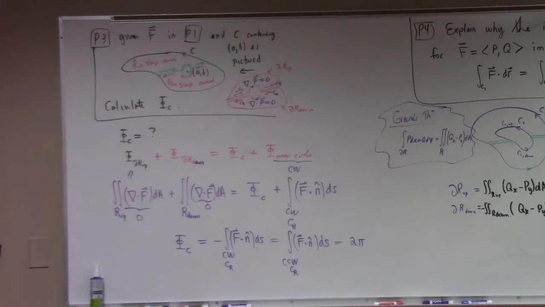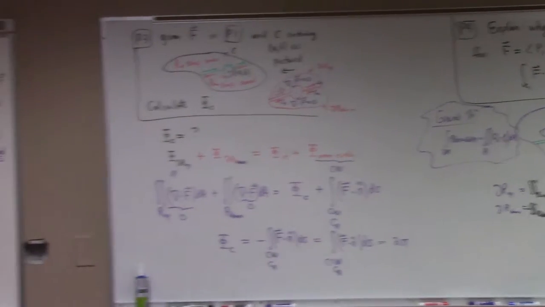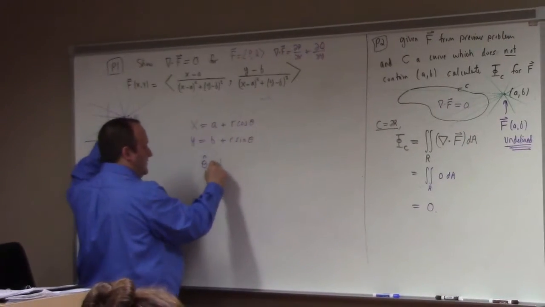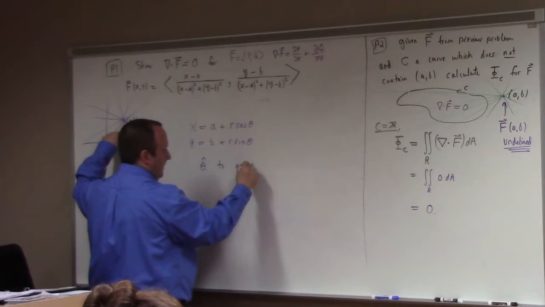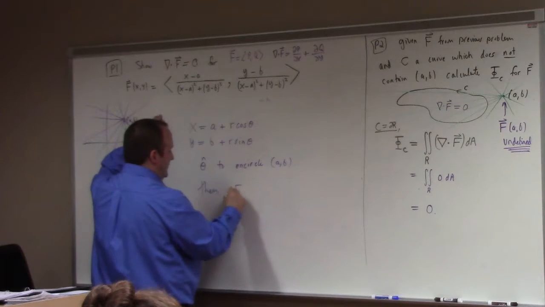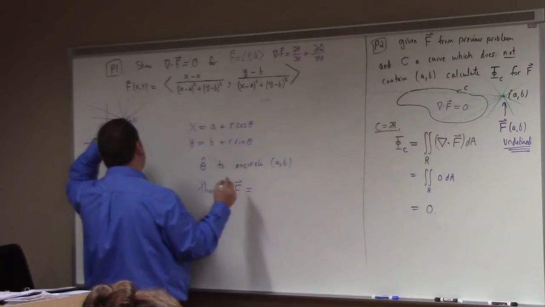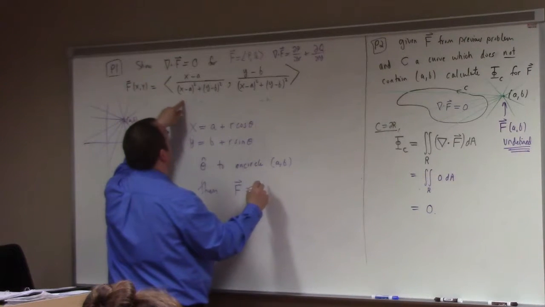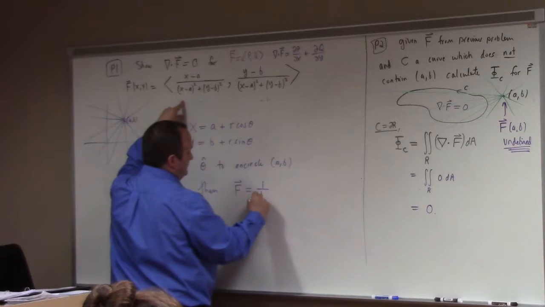Look, if you were to define modified polar coordinates, x equals a plus r cosine theta, y equals b plus r sine theta, starting your coordinate system based on this point rather than the origin, and so define theta hat to encircle the point a, b, then with that definition, F is nothing more than 1 over r theta hat.